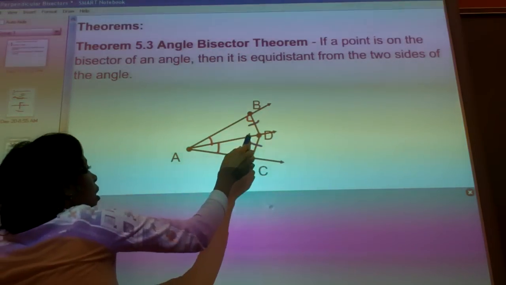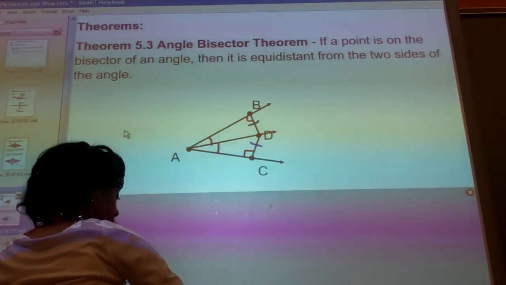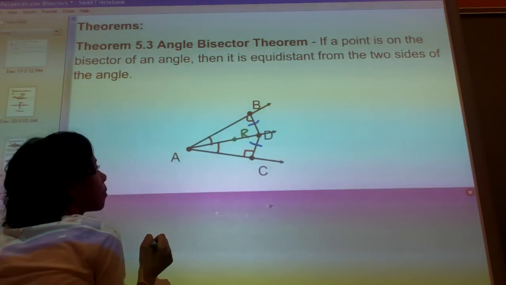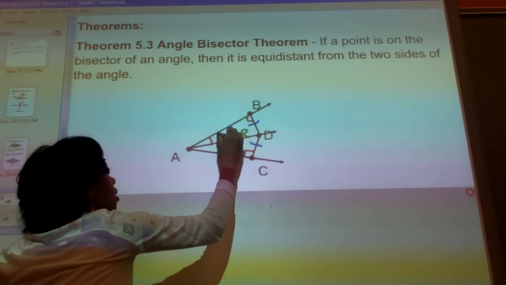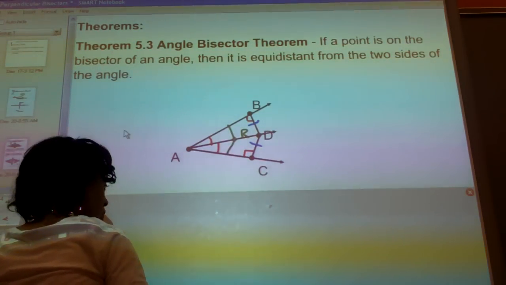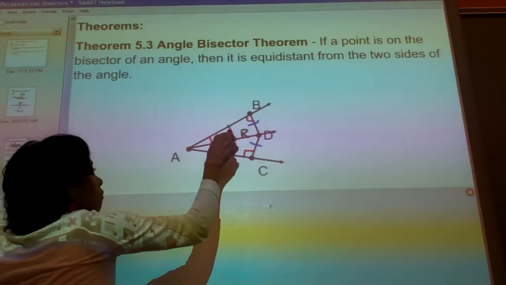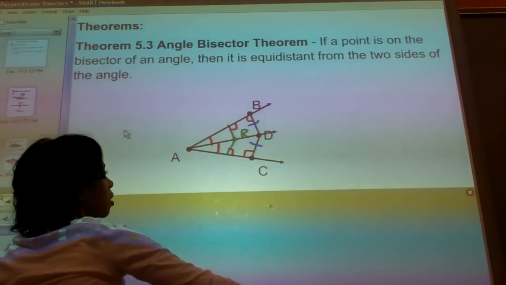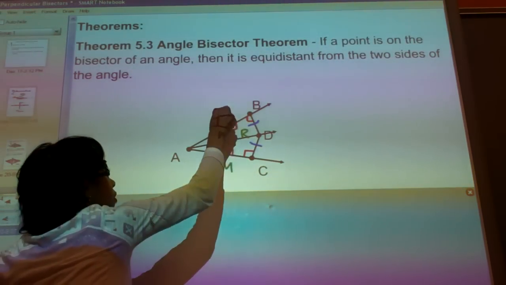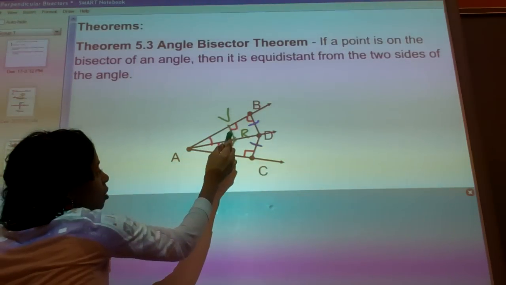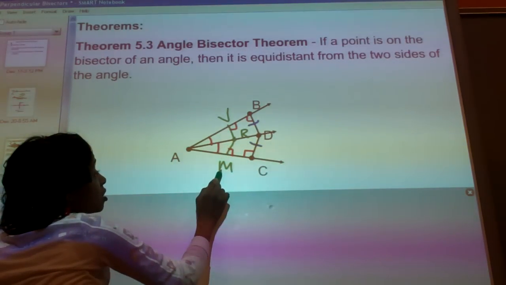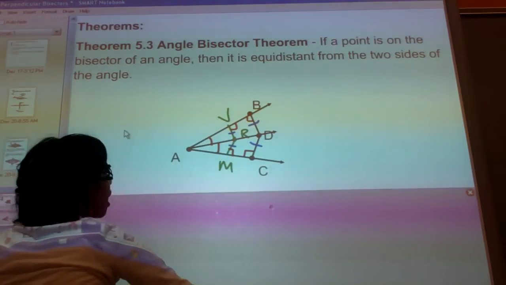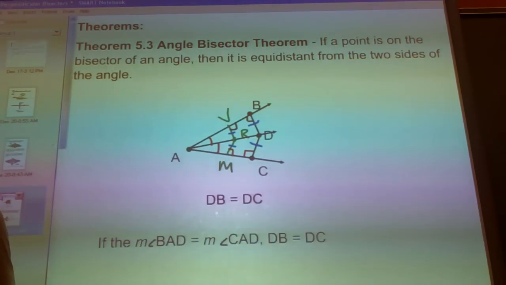I could do another point on the ray. If I call this point R, and I drew the perpendicular lines here, and I call these points M and V, that means VR is going to be the same length as MR. And the converse is just the opposite statement.